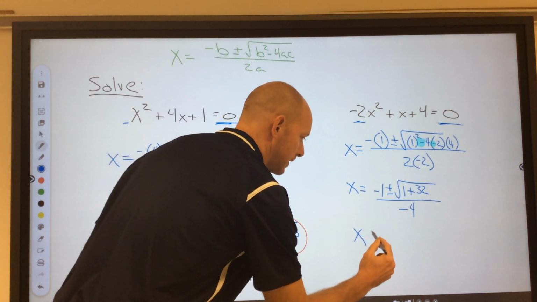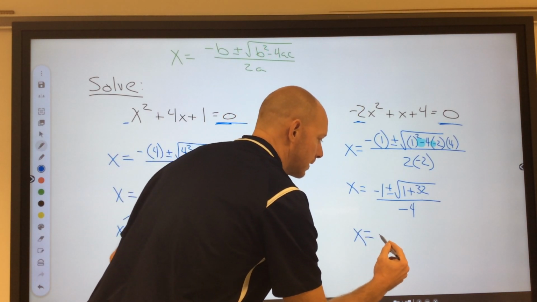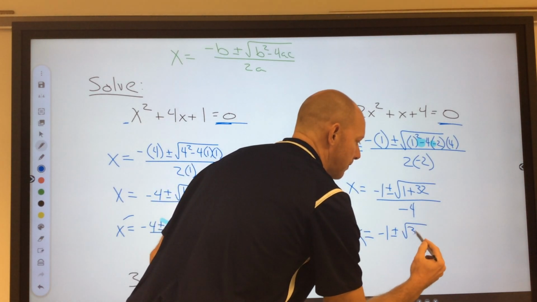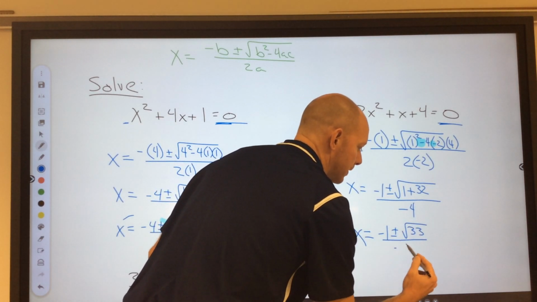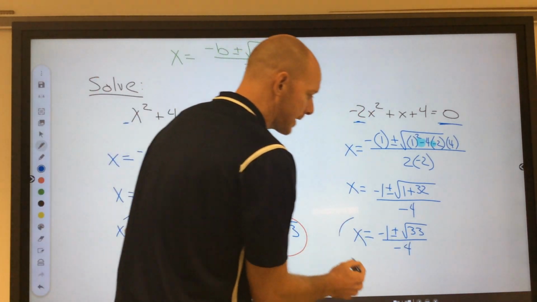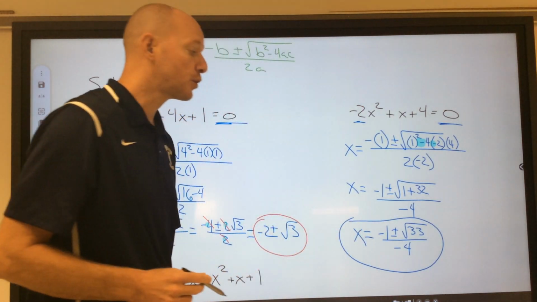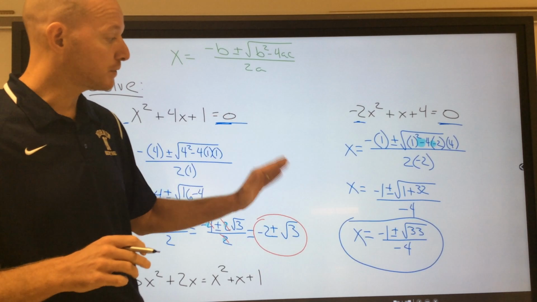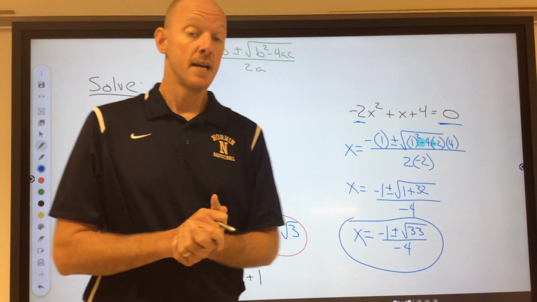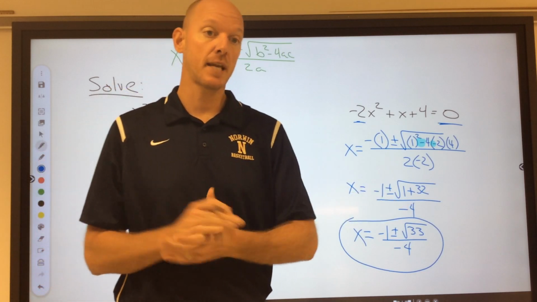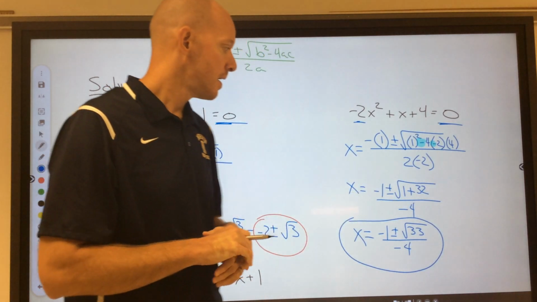This is going to result in x equals negative 1 plus or minus the square root of 33 over negative 4. We can leave our answer like this. You could also simplify the negative. Either way would be acceptable, but you'll see that in this case, 33 doesn't have any perfect squares, so we don't have any further simplification in this question.